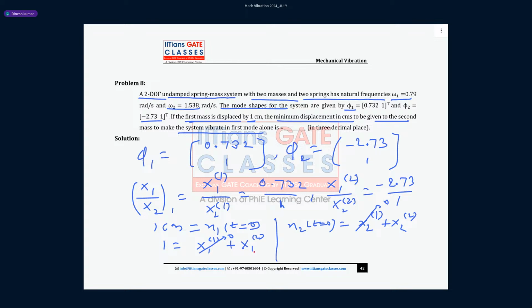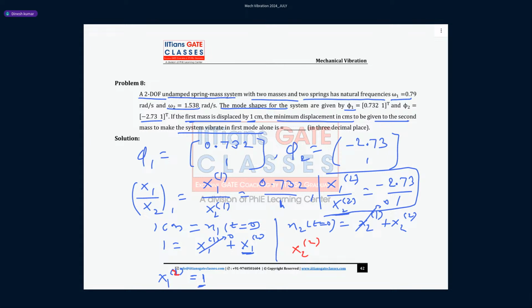This is 0. So from this equation, what we found already, x1 for second mode is 1. And we already know this. From here, what will be x2 for second mode? See, x1 for second mode is 1.